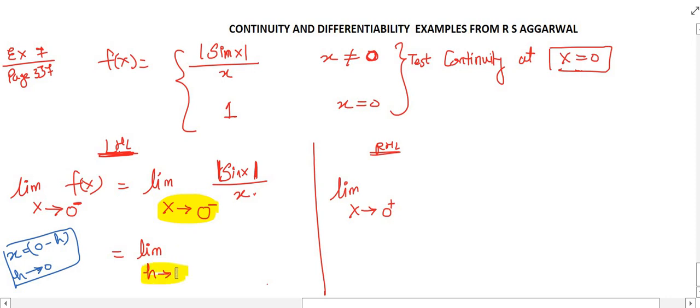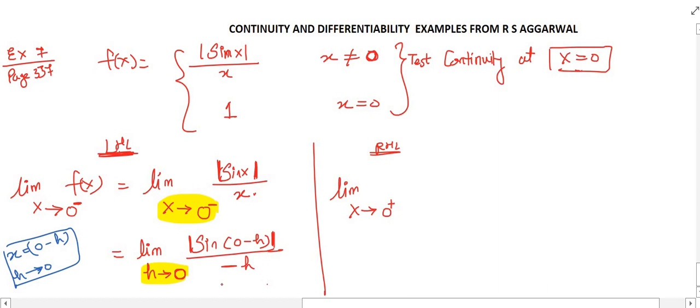Now the limit will change to this. H is tending to 0. 0 minus will disappear now. Okay? And sine of 0 minus h by, for LHL, by minus h. That's it. And here is mod. Correct? This much is okay.